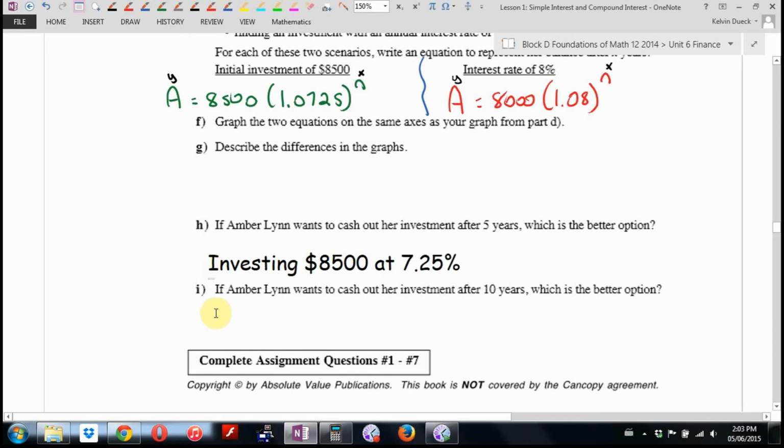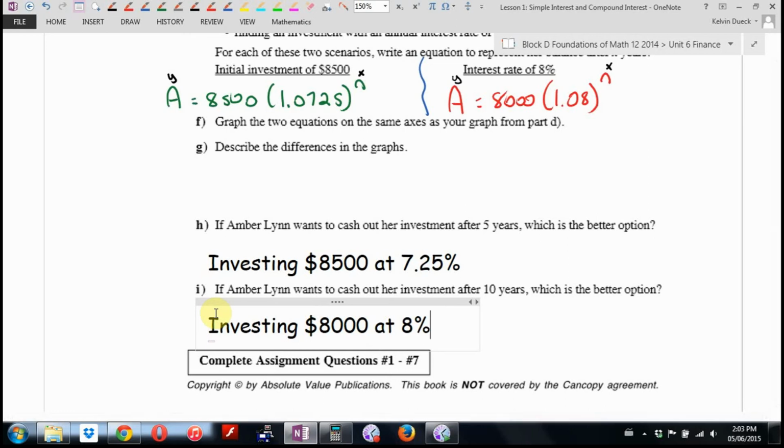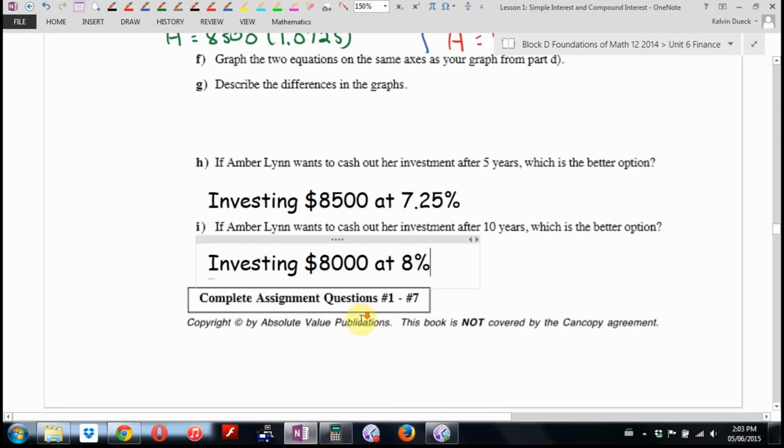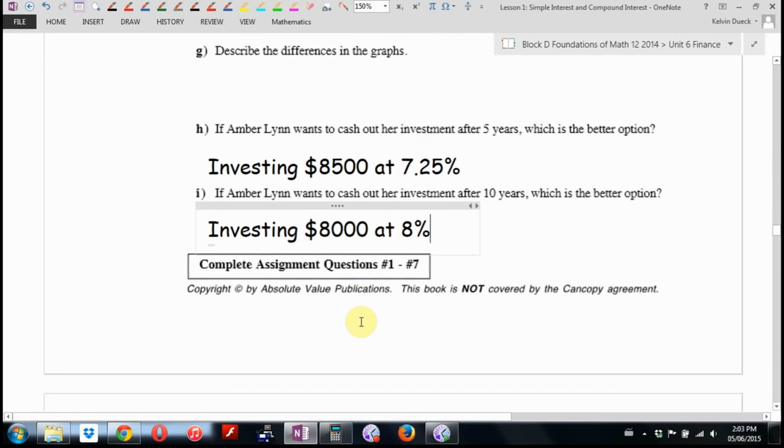If she's going to cash out after 10 years, which is the better option? We could have found that by hand, but it's nice to use the technology. Is that okay?